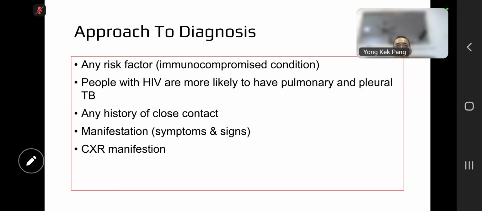Okay. And then the other important piece of the history is whether the patient has any close contact with anyone with known history of TB. Manifestation, like what I mentioned just now, whether it's a pure pleural TB or whether there's any concomitant pulmonary TB. And then chest X-ray manifestations.